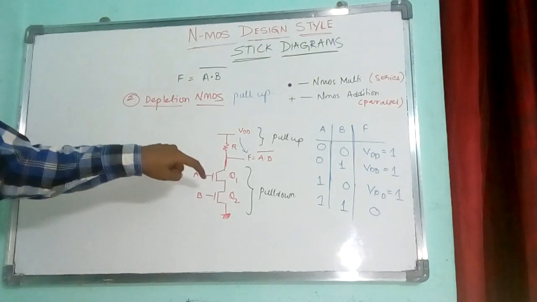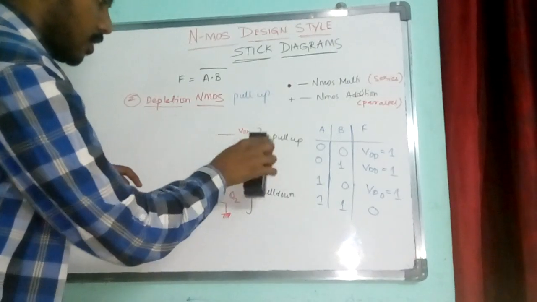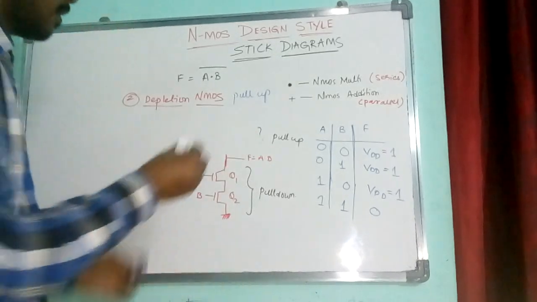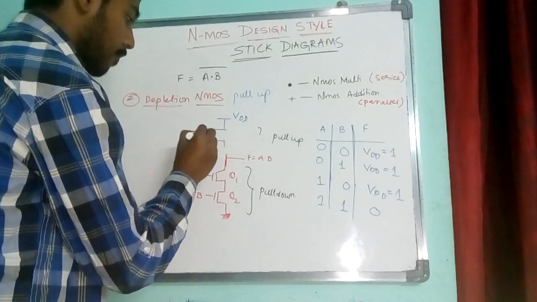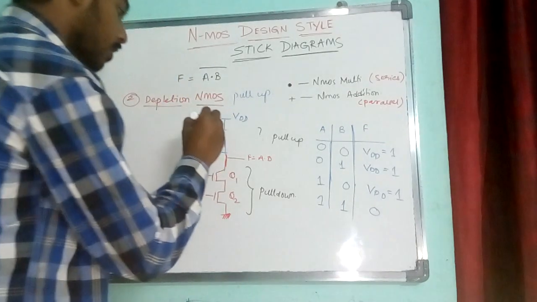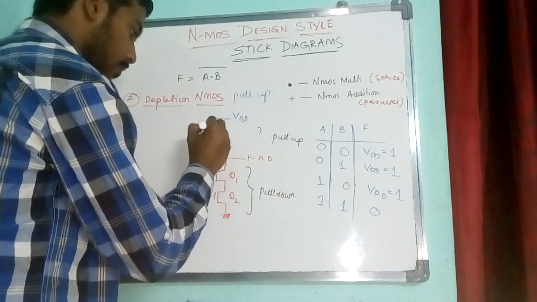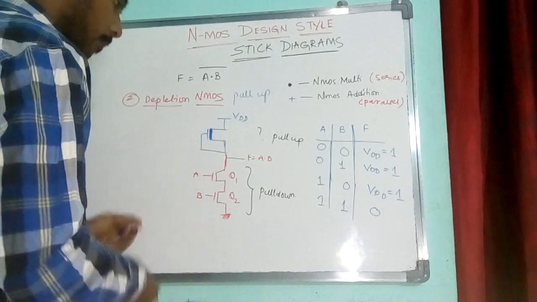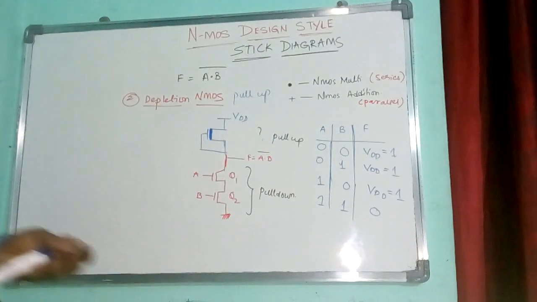That means wherever I have a resistor, I will remove this and I will place a depletion Nmos here. So again the output will be the same, but there is a change in the style of design.